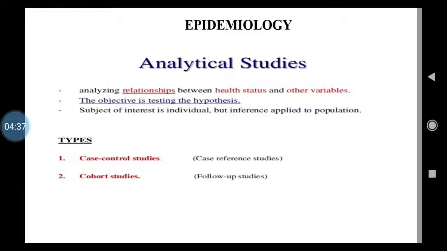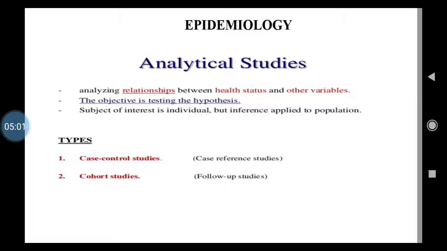The objective is testing the hypothesis. So, various tests can be carried out. Pathological examination will come under analytical method. The subject of interest is the individual, but the inference is applied to the population.